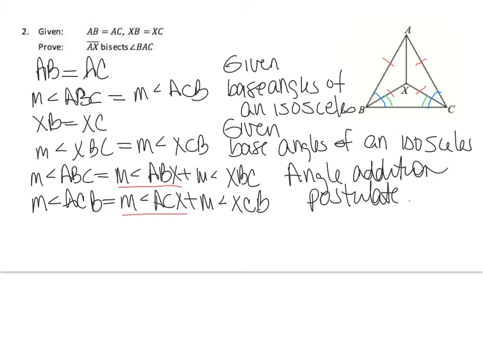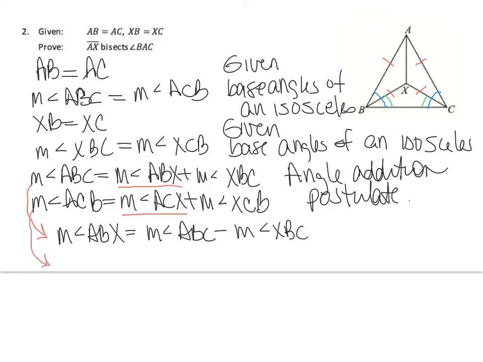If I can solve them, that just means I'm going to subtract from both sides of the equal sign. Let's do this one first. I get the measure of angle ABX equals the measure of angle ABC minus the measure of angle XBC.